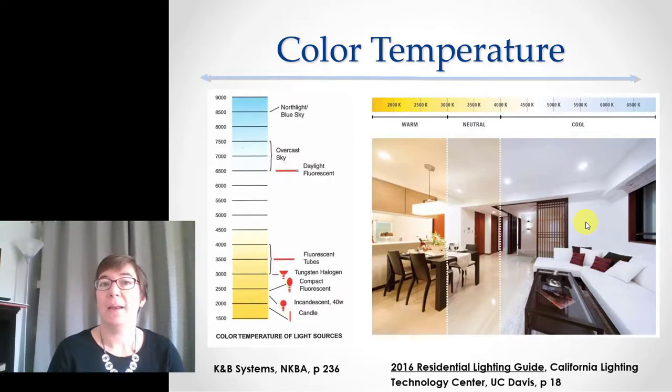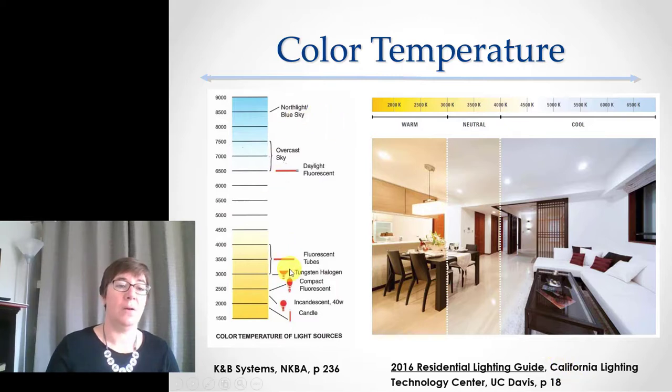The next topic I'd like to discuss is color temperature. On your screen here you see two different illustrations of color temperature, here from your textbook and here from the Residential Lighting Guide. Color temperature is specific to the individual light source.